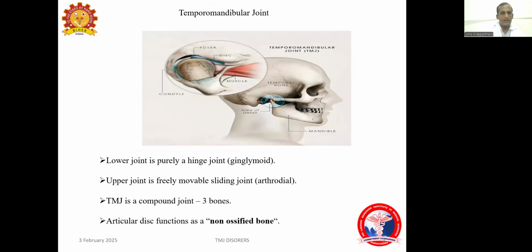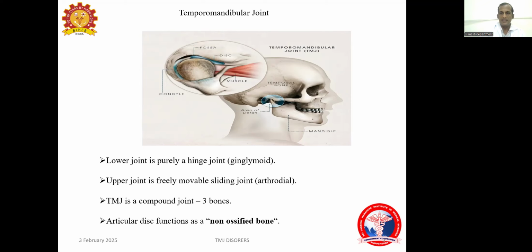The principle behind this joint is that it is the only joint attached to the skull. The lower joint is purely a hinge joint. The upper one is freely movable. That is the sliding joint.